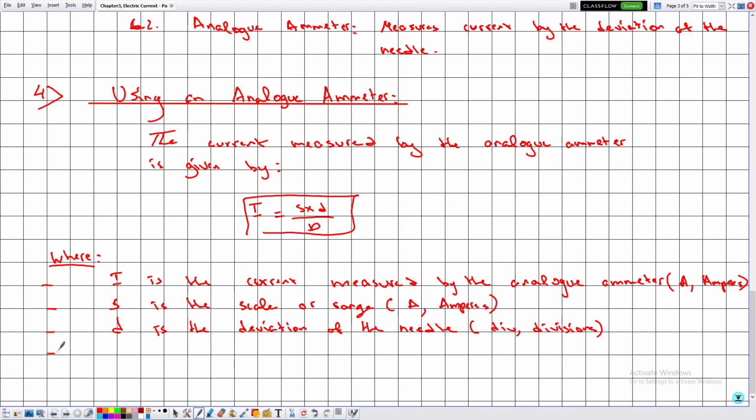And finally capital D is the dial, the real or total range for the scale, which is the total number of divisions expressed in div.